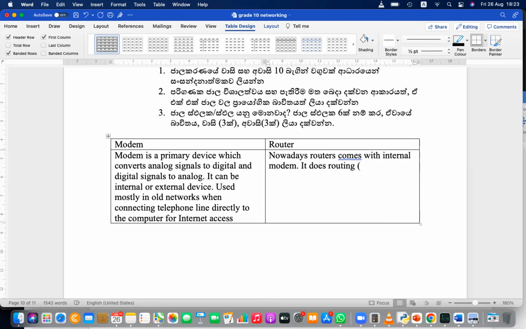Routing means it lets you connect to different networks such as the internet and allows you to discover the fastest route or path.